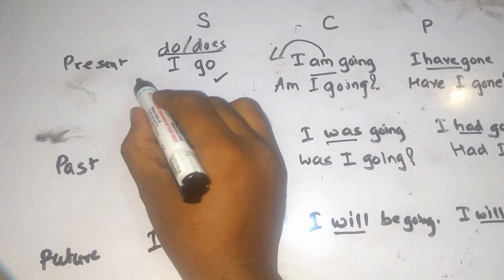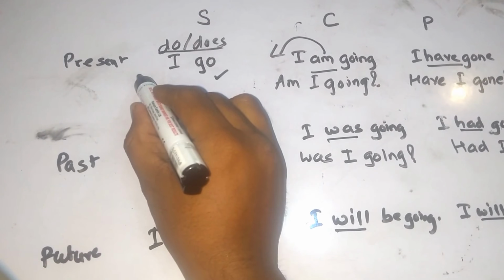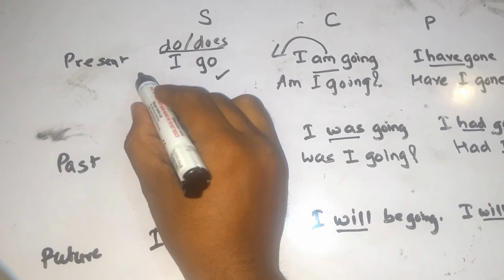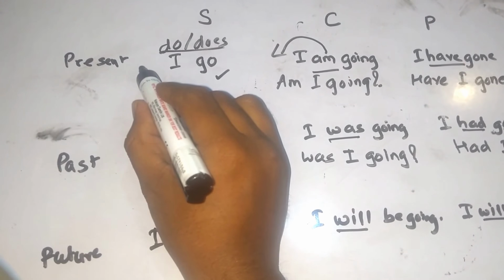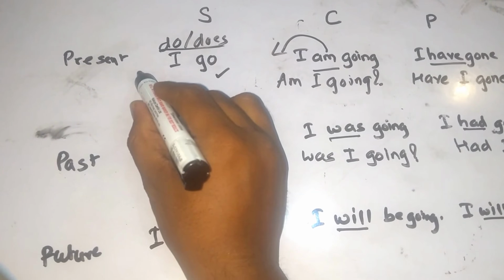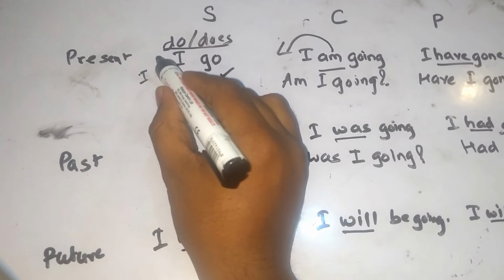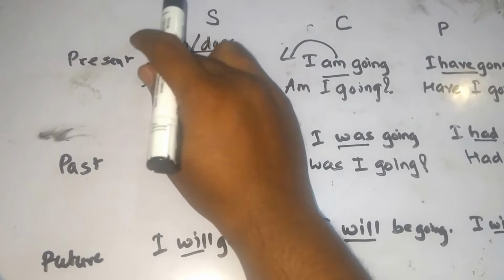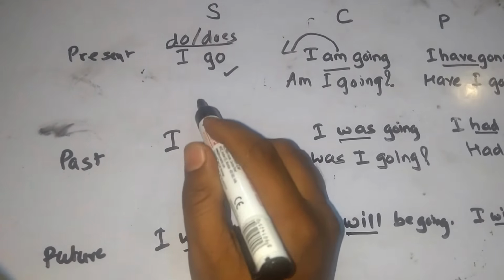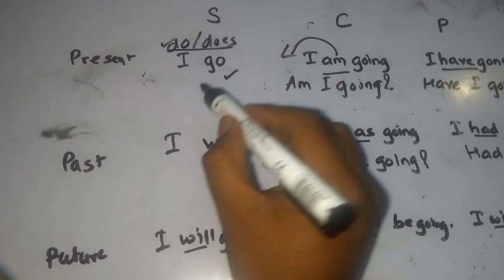For subjects like I, you, we and they, we will use do.